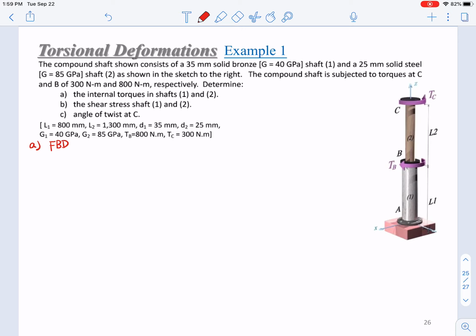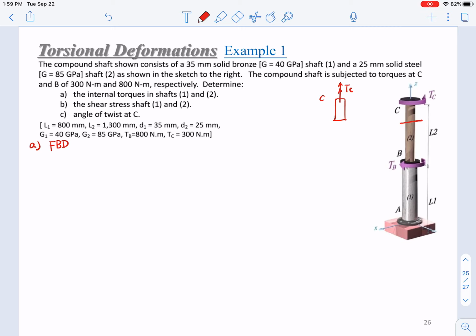Let's look at element 2 first. Cut it from here to make it free. We cut it off to get the free part here. This is the point C, and the TC is there. Using our right hand rule, the TC should be pointing upward. This is our TC, the double-headed arrow.